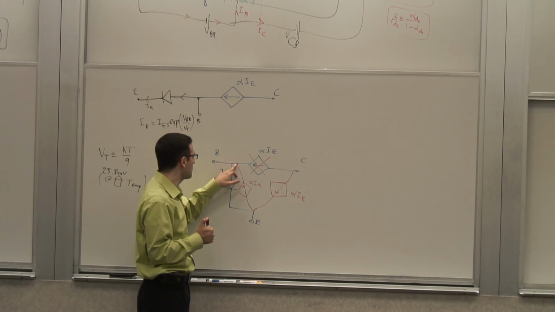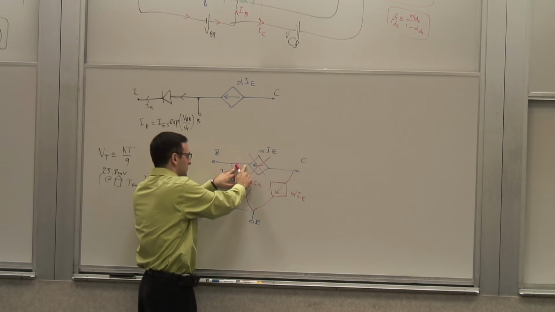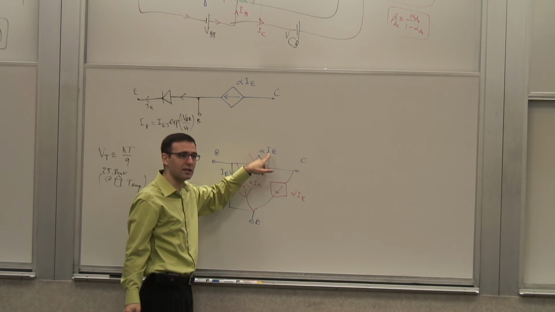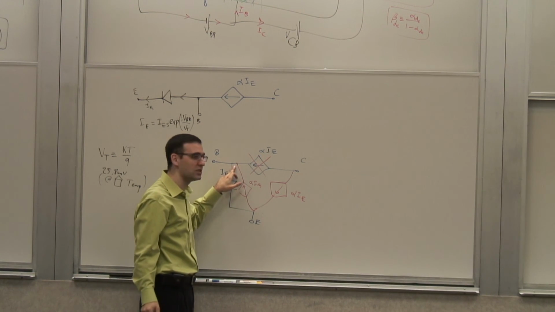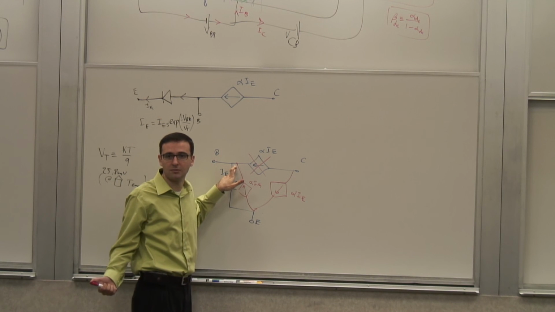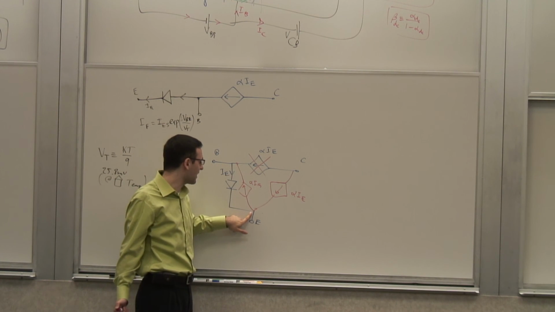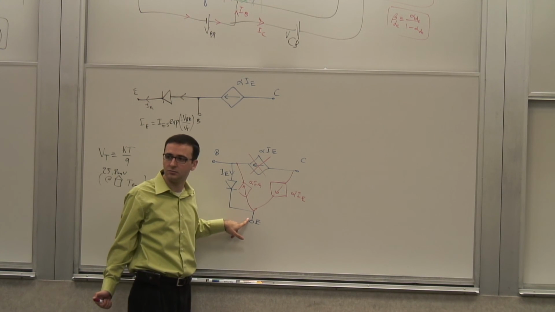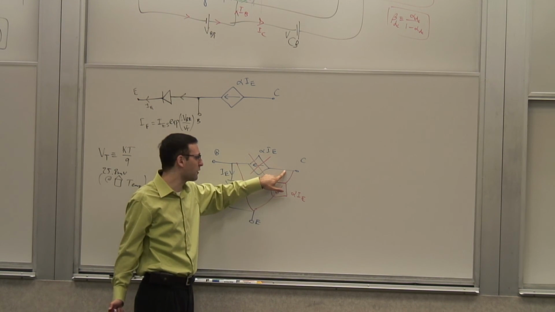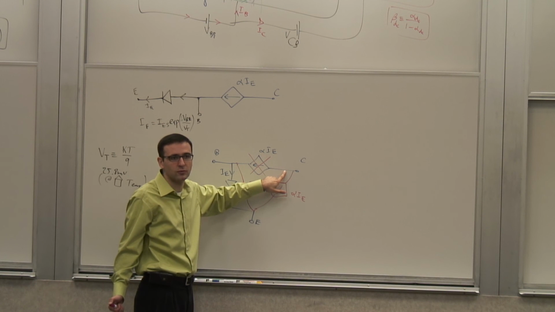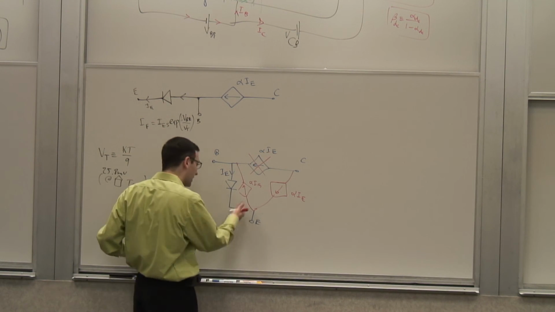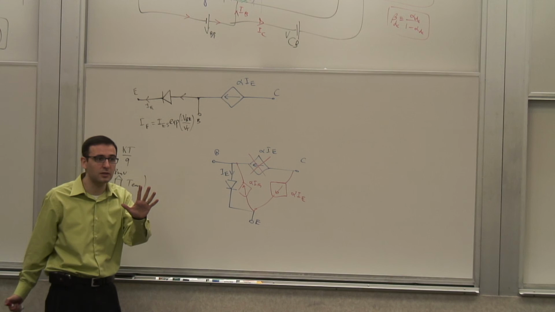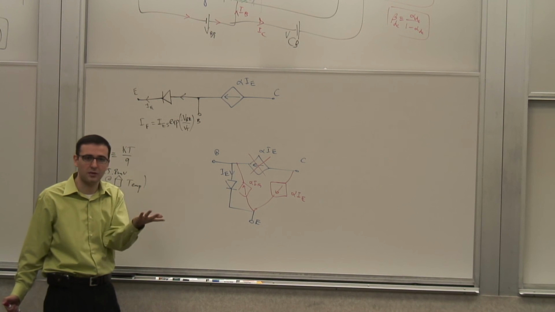What was the current that this node saw injected by the blue stuff? Alpha IE. 0. What does it see now? 0. What was the current taken out of this node? Alpha IE, the same. So they're equivalent, right? I haven't done anything to change the circuit.